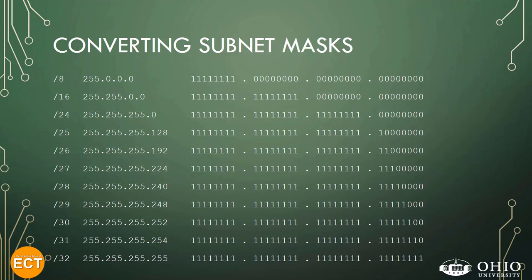For example, 255.255.255.0 is all ones in the first 3 octets, so 8 ones in the first octet, 8 more ones in the second octet, and 8 more ones in the third octet. The fourth octet is all zeros, but 8, 8, and 8 give us 24, so /24 is the number of ones in that particular subnet mask.